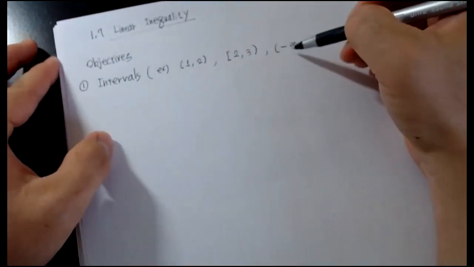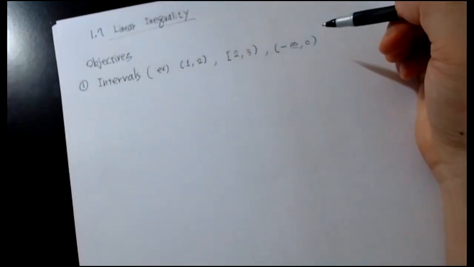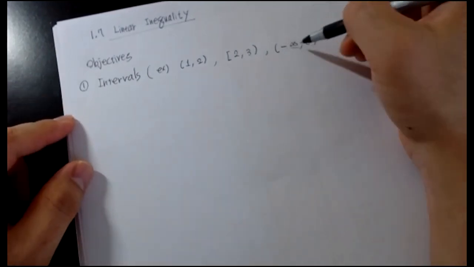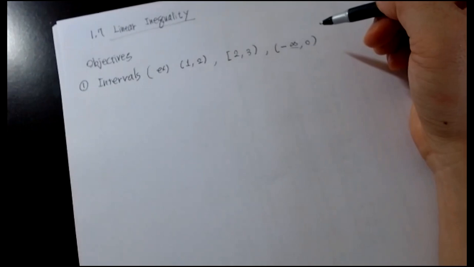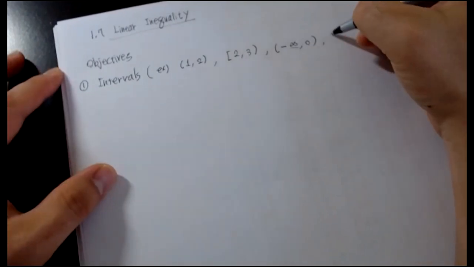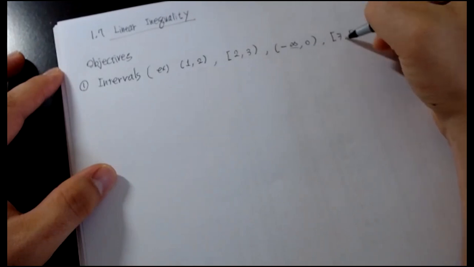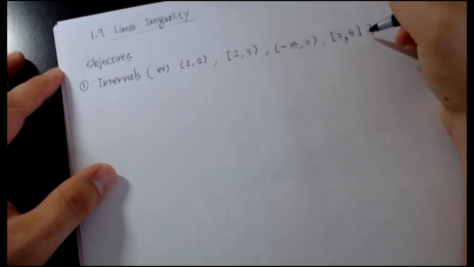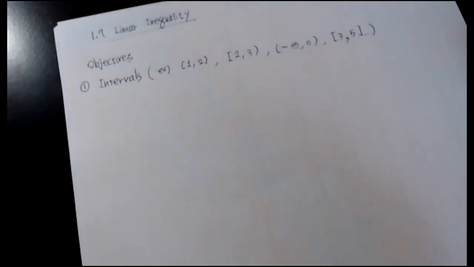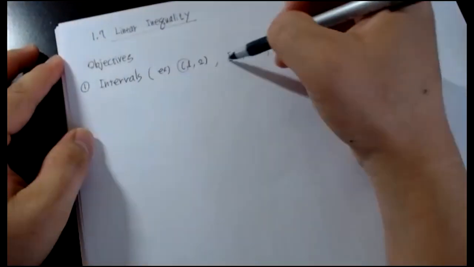Here, that's the infinity symbol. It means the huge number that we cannot imagine. So negative infinity is a negative huge number. Then a bracket and 3, 5, something like this. So we're going to study these interval notations, the parenthesis and the bracket.